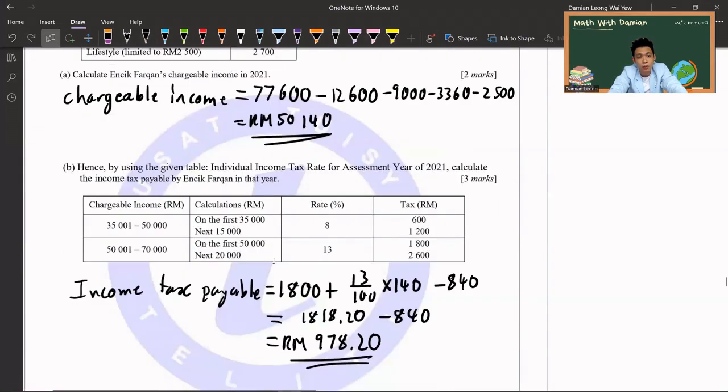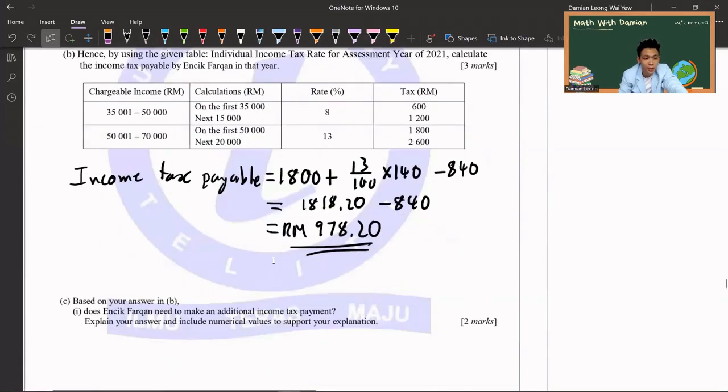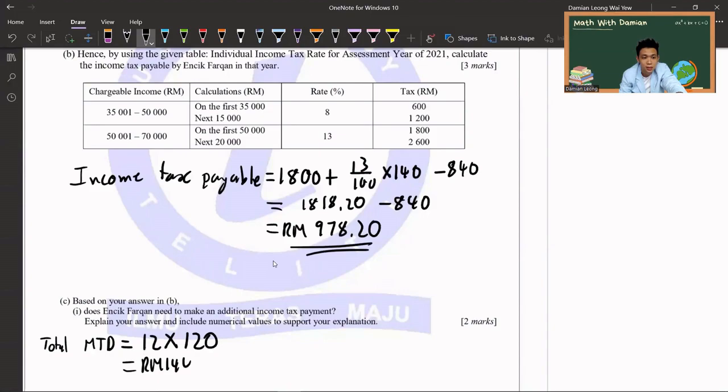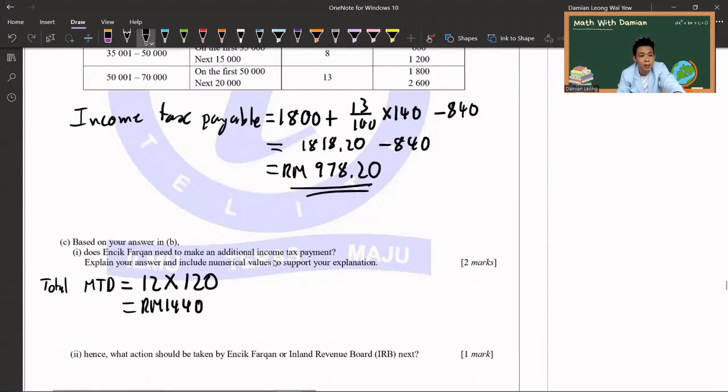So he made a payment of 120 ringgit per month. So in 12 months, account the total monthly tax deduction. 12 months times the tax deduction from each month, 120. So 12 times 120, 1,440. So total monthly tax deduction is 1,440.